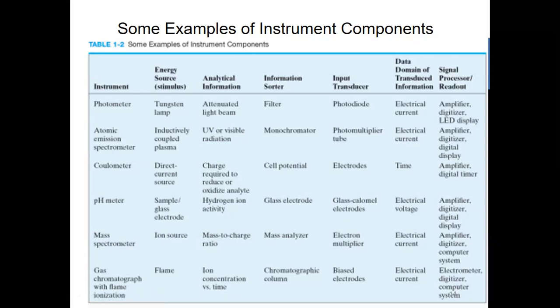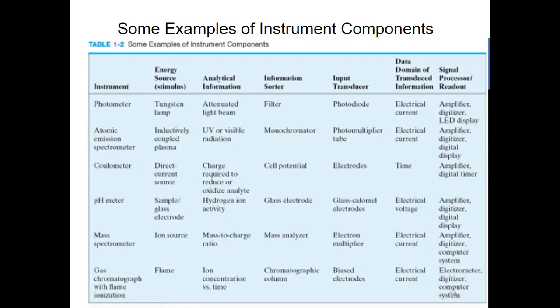Normally we call it sensitivity, the concentration, but the correct term is the activity of the hydrogen ion. Using the glass electrode, it absorbs hydrogen ion. So the glass electrode is kind of an information sorter.